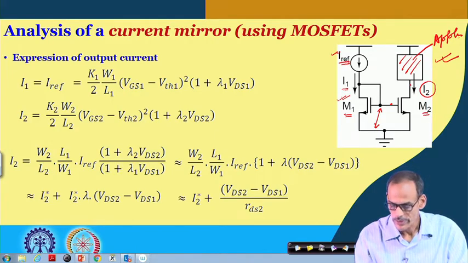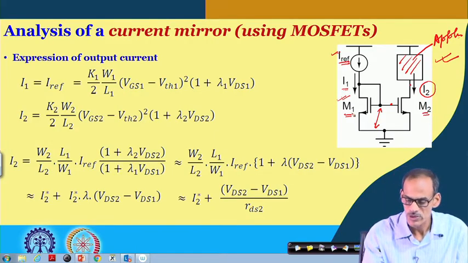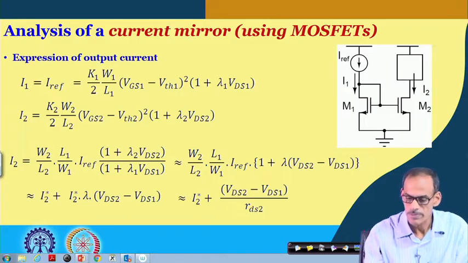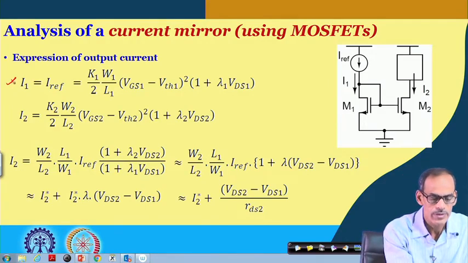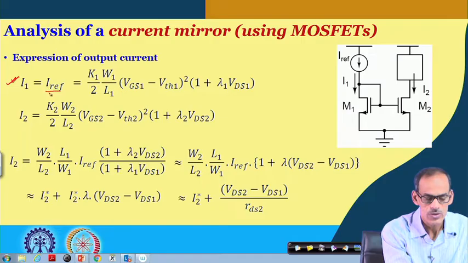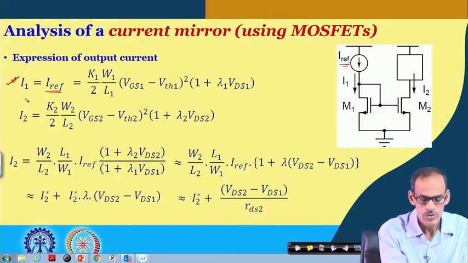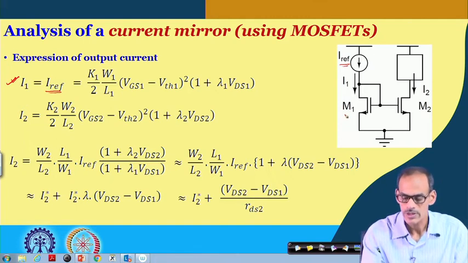Now, to start with, we have the expression of the current I 1, which is given here. Incidentally, that is also equal to I ref, and the expression of this current assumes the transistor is in saturation.